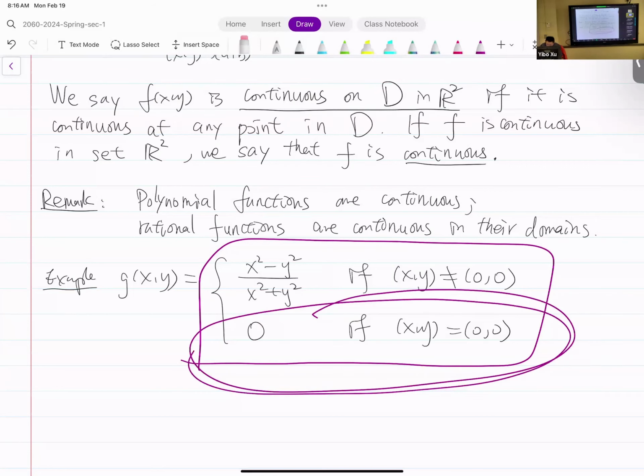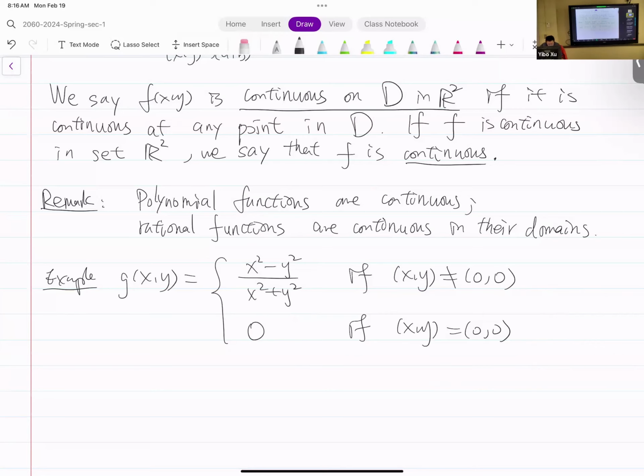Okay, so here the domain of g is the entire R2. However, although we extended the domain of the fraction in a sense, that's just making this function not a rational function anymore.